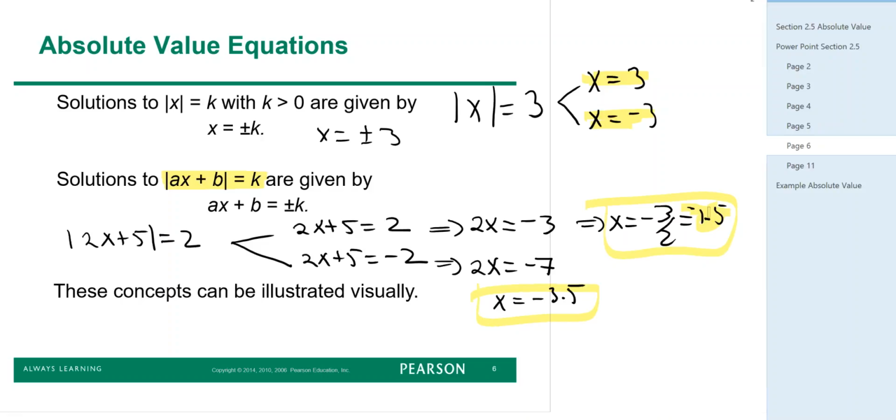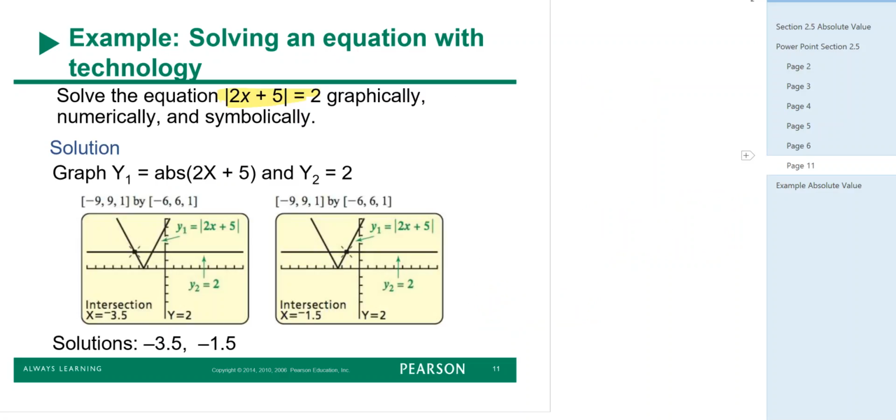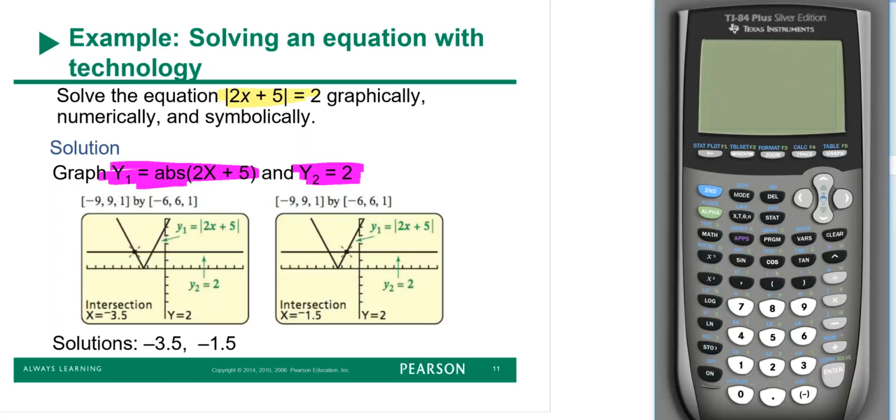We can also see this visually by using our calculator. What we're going to do is graph two functions. We're going to graph the function absolute value of 2x plus 5, and then we're going to graph the function y equals 2, which is just a constant function, the horizontal line going through 2. So if we bring our calculator, we have it solved in here, but we can do it and double check.